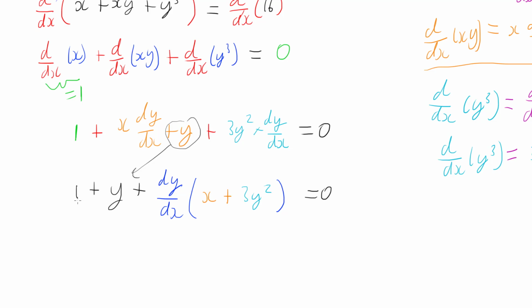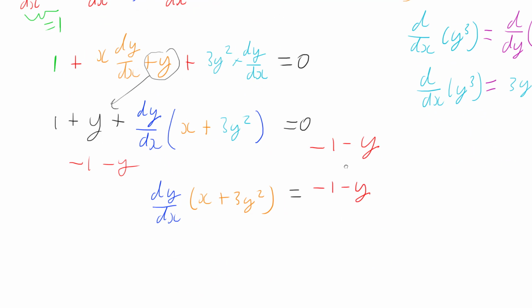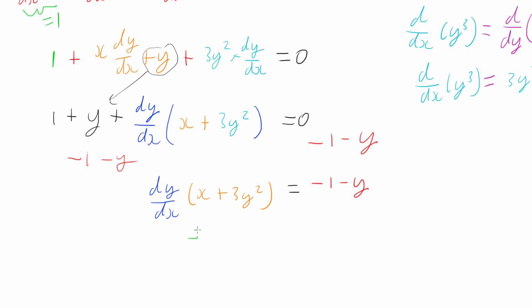I'm going to subtract 1 plus y off both sides, minus 1 minus y from both sides. That way we have dy/dx times (x plus 3y squared) equaling negative 1 minus y. Then I've just got to divide both sides by x plus 3y squared.